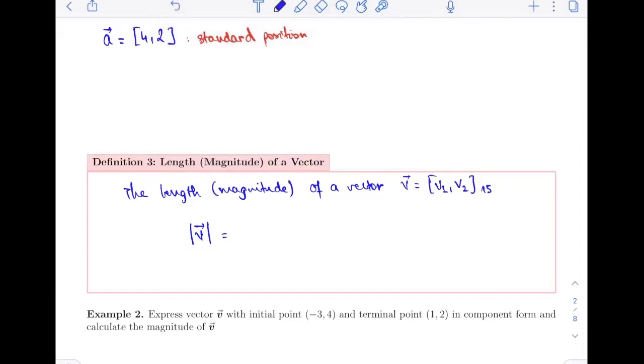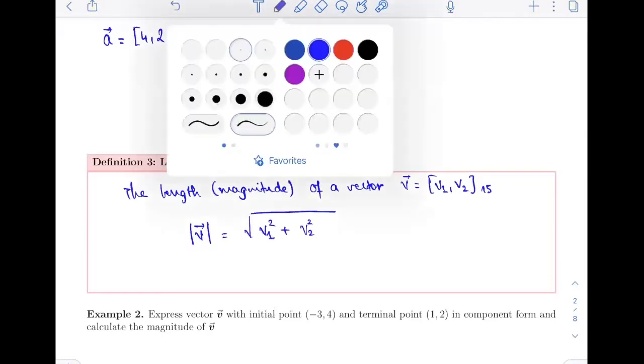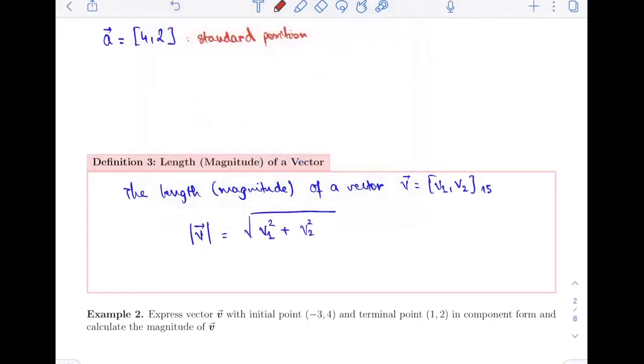This is equal to the square root of the first component squared plus the second component squared. That's how we calculate the length, or the magnitude, of a vector. Another notation for this length or magnitude of the vector that can be used in practice is with two vertical lines, the vector in the middle, and another two vertical lines.